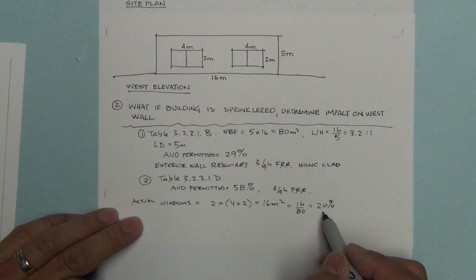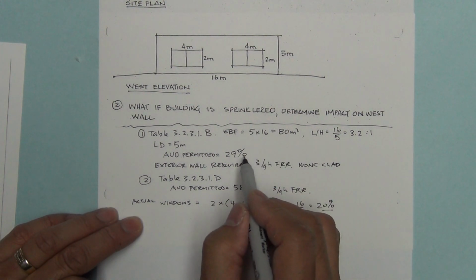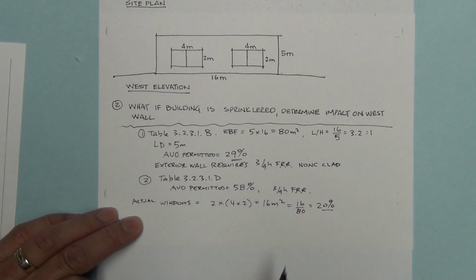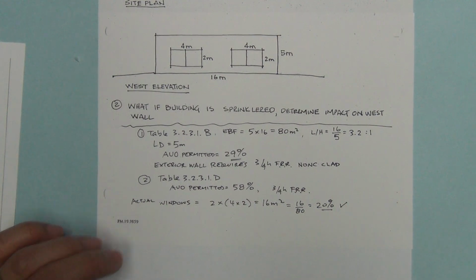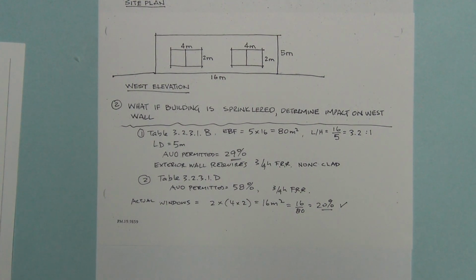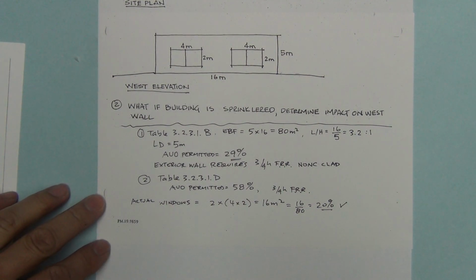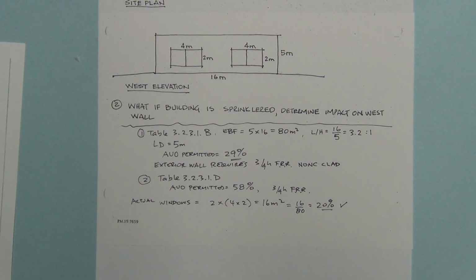So with the actual windows being 20% comparing to 29% permitted, the proposed windows are acceptable. And that's example 1.